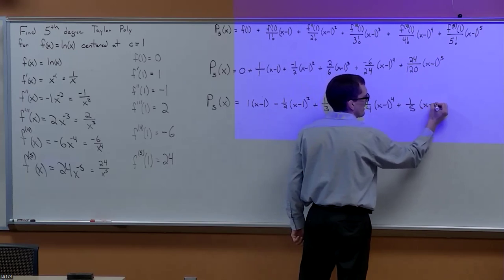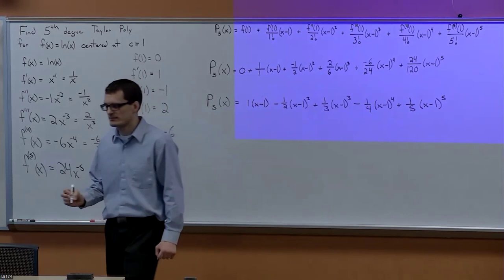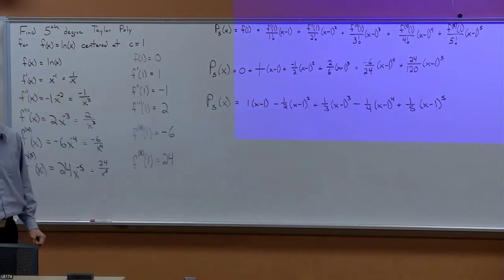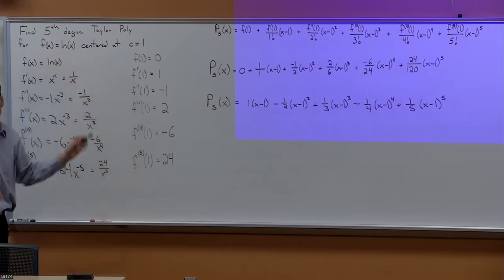And I'm going to multiply that times x minus 1 to the 5th power. Okay. So that's the 5th degree Taylor polynomial that mimics natural log of x close to a value of 1.